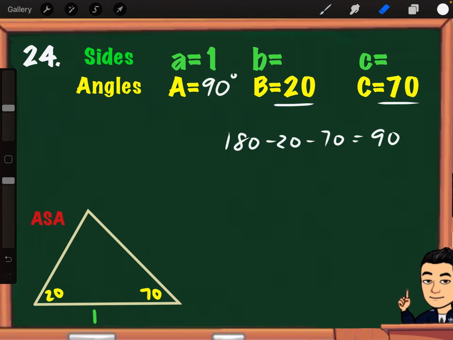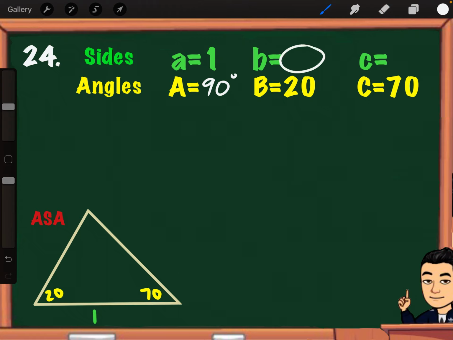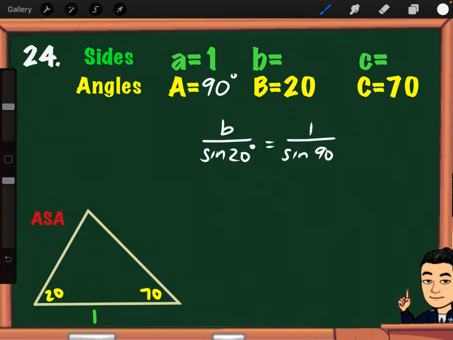Okay, so let's erase the work. Let's find out the rest. Let's find out the side B. First of all, you can use B over sine 20 degrees equals 1 over sine 90 degrees.